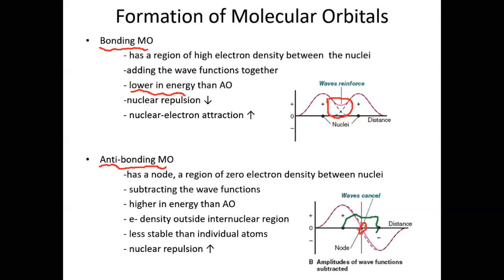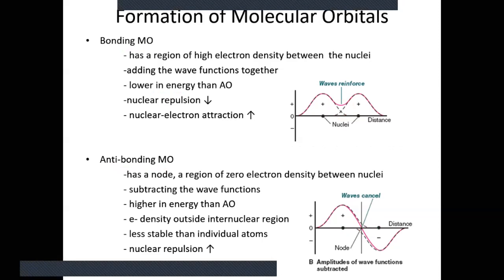This is the internuclear region. There's a node there. These are less stable than individual atoms. That's why they're higher in energy, and they have more nuclear repulsion because they don't have that electron density between them. So these are the two types of molecular orbitals.